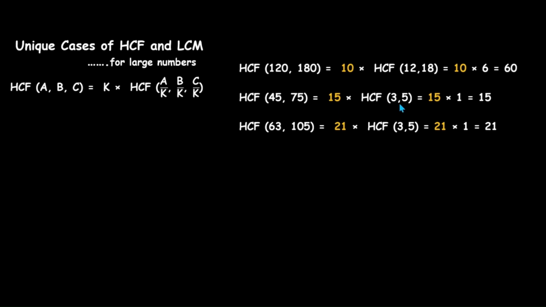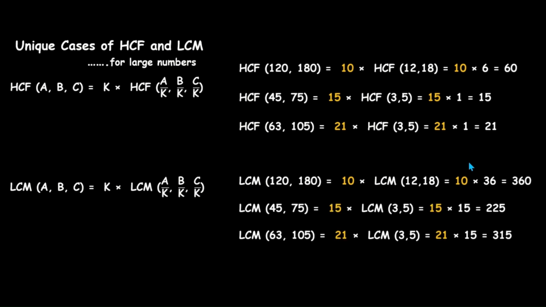So calculating HCF of 3 and 5 would be relatively easier than calculating the HCF for 45 and 75 using prime factorization. So HCF of 3 and 5 would be 1 only. Then multiply that with the common factor that is taken out. So 15 into 1 is equal to 15. The 15 would be now the HCF of 45 and 75. Similarly, another example for you to go through.